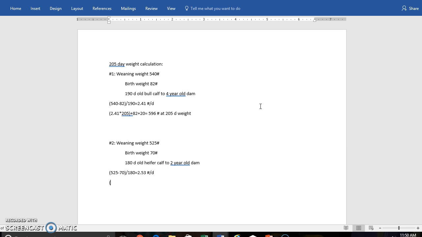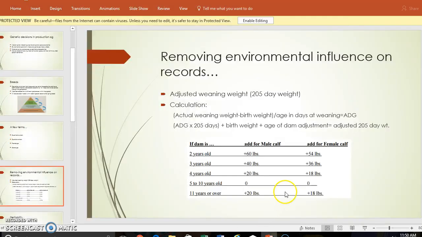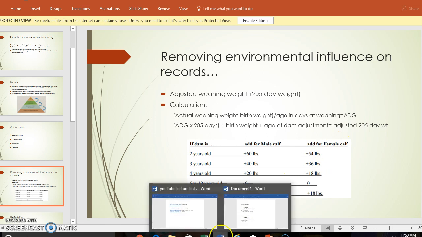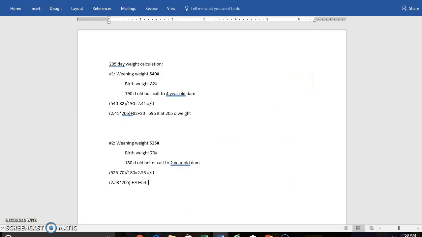Then you take that gain times 205, because again you want to put it on the same day of age. Add back in the birth weight of 70 pounds plus your factor. We have a heifer calf born to a 2-year-old dam. So if the dam is 2 years old and it's a heifer calf, we add in 54 pounds for this calf. If you do that calculation, you end up with 643 pounds at 205 days old.